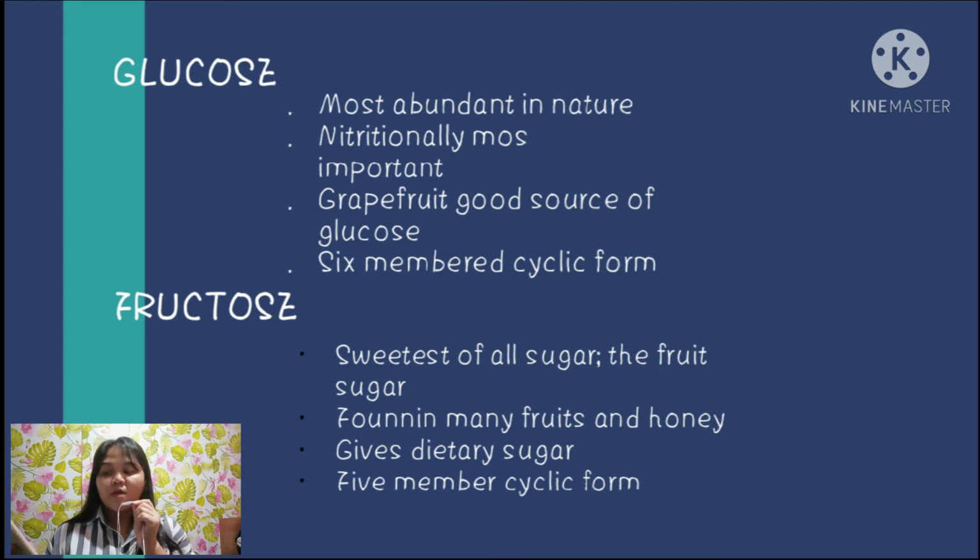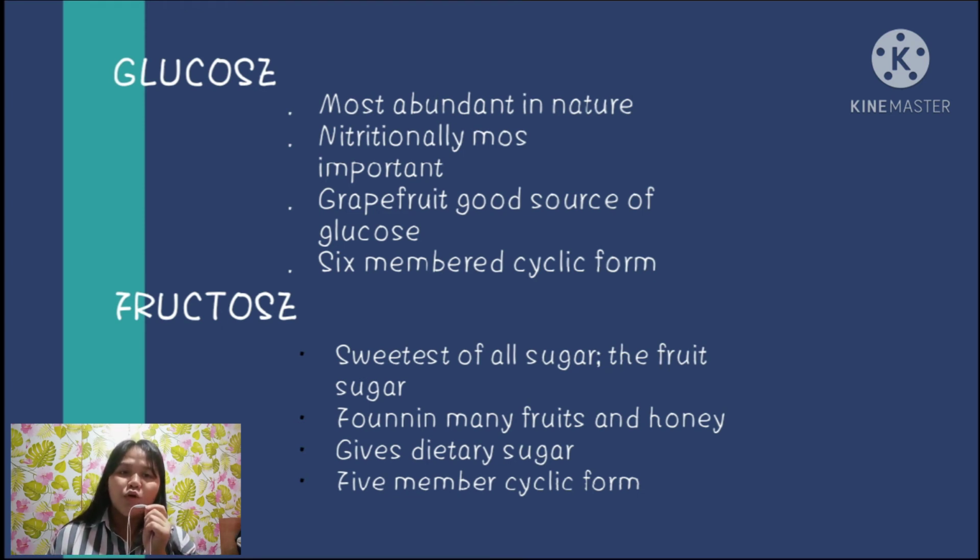It can be found in many fruits and honey. It also serves as a dietary sugar. It is a 5-membered cyclic form, yet it is the sweetest of all sugars.